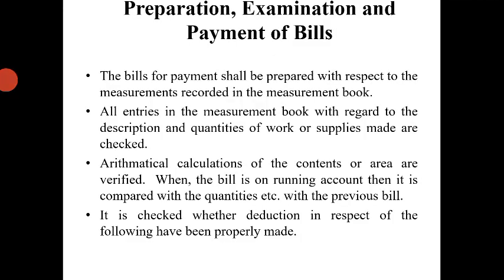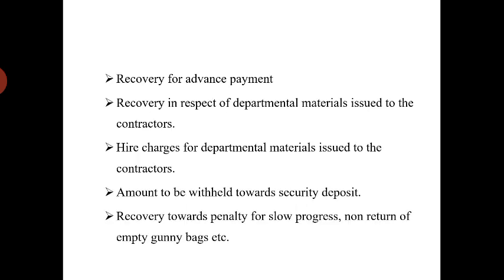It is checked whether the deduction in respect of the following has been properly made or not. So when you are deducting any amount, the following points have to be taken into account or kept in mind during the final bill. First one, recovery for the advance payment, whether it is recoverable. Recovery in respect of the departmental materials issued to the contractors.